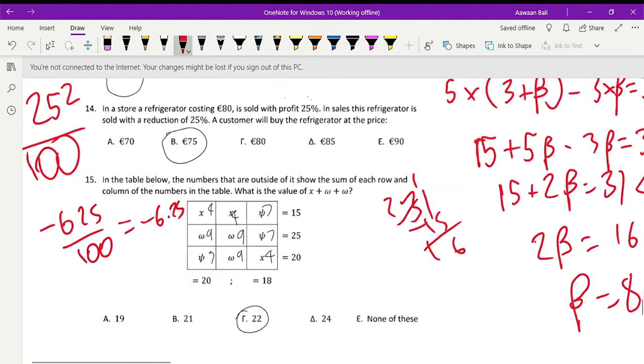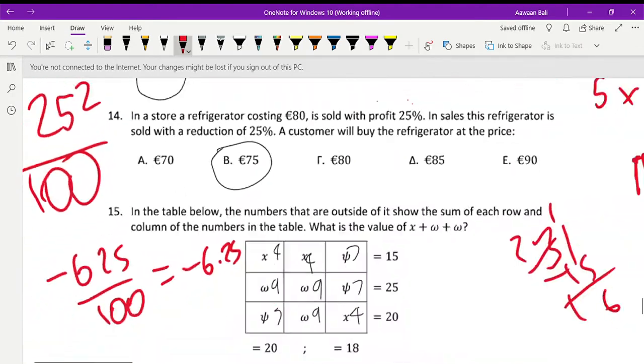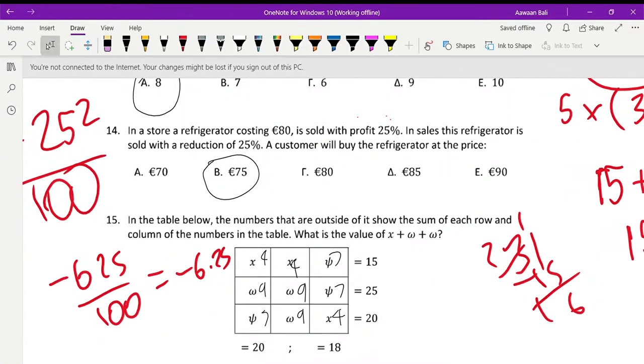So you found the reduction price for 100 euro, not 80 euro. So you would minus 6.25 euro.